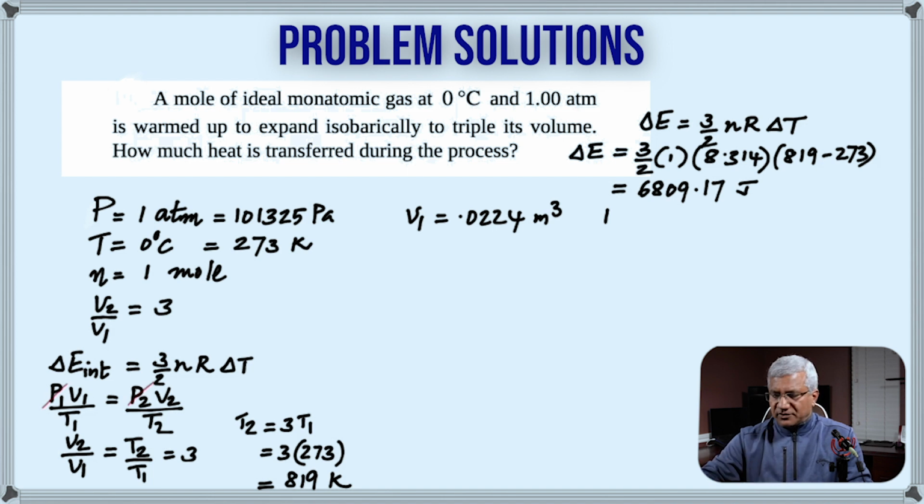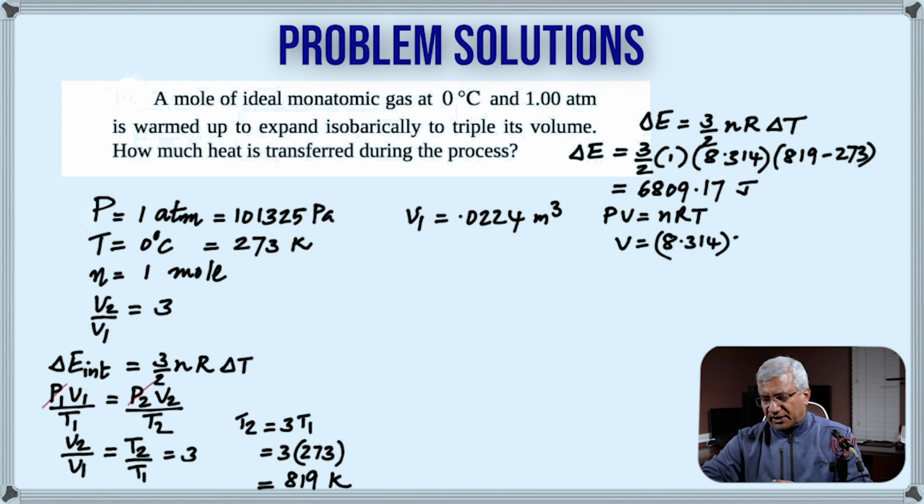That is a standard. But we can get that value using the ideal gas equation, PV is equal to nRT, and substituting the values that are given. N is 1, so I've not written that. So that's R, T is 273, and the pressure is 101325, correct? And we will get this value.